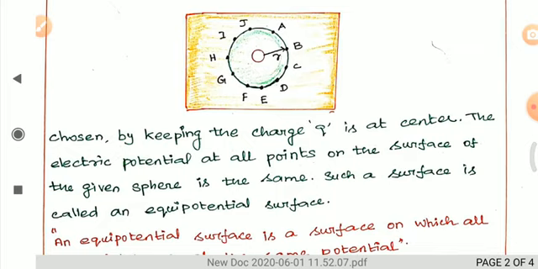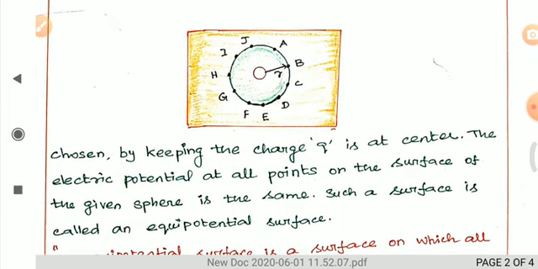Why are we writing like this? How can we understand that all the points on the surface have the same potential?